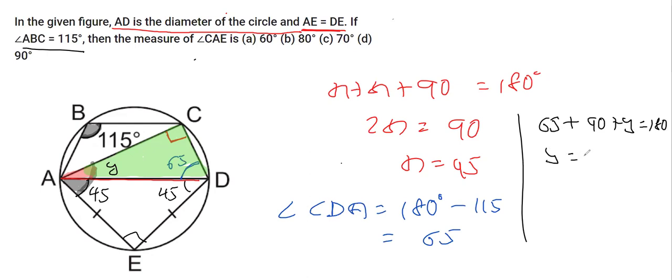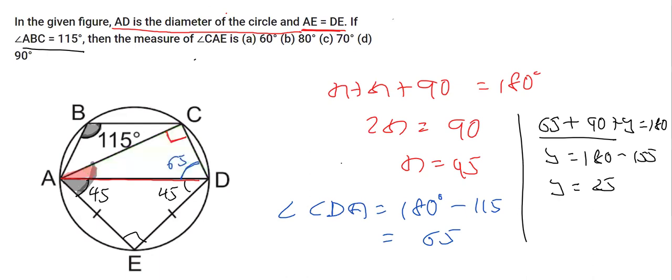So we can say Y is equal to 180 minus the sum of these two. This is 90 plus 65, that is 155. So now I will subtract 155 from 180. So that's giving us 25 degrees.